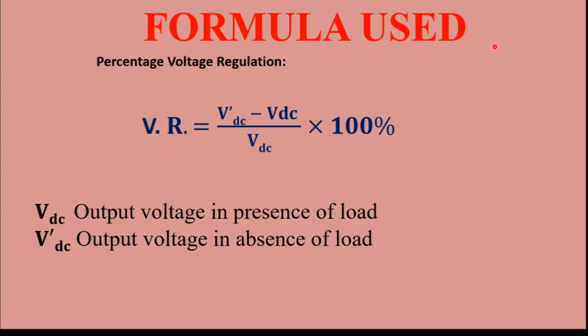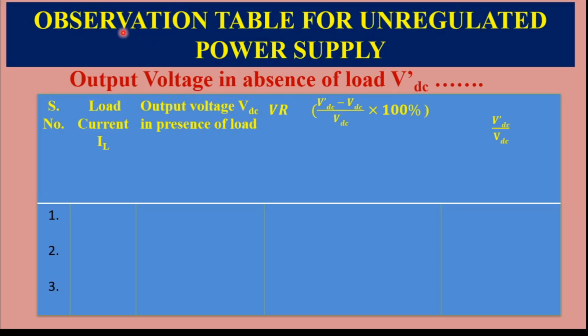The formula used to calculate percentage voltage regulation is given here. In this formula, V_DC represents output voltage in the presence of load and V'_DC represents output voltage in the absence of load. Now the observation table is made for unregulated power supply.